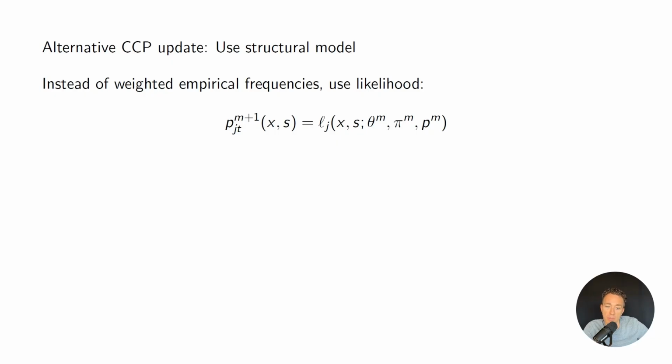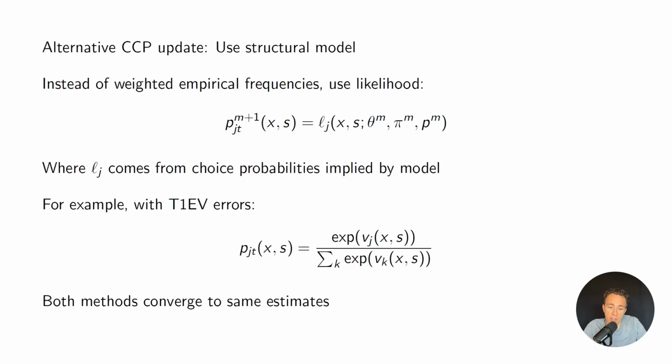So there are a lot of options for how we want to update the CCPs, and they're all going to converge to the same estimates, because it doesn't really matter what the exact functional form of those CCPs is for the consistency of our econometric estimator. So that's just another thing to know about how to apply this method.